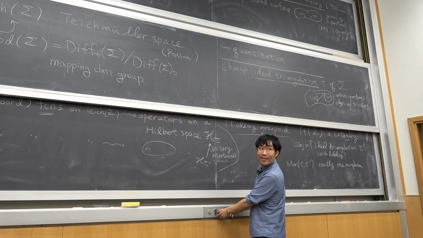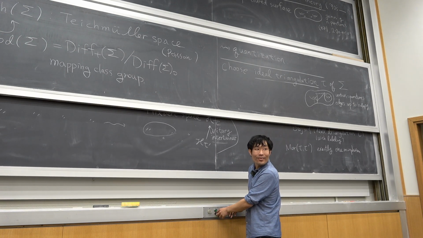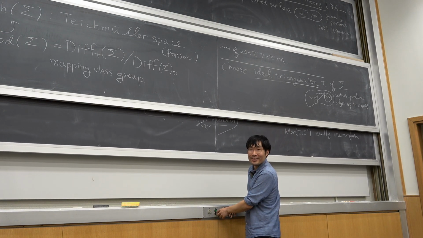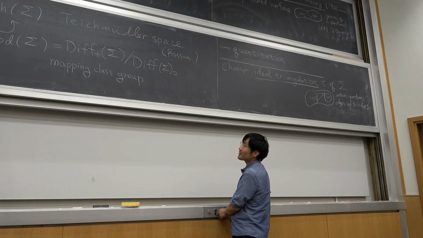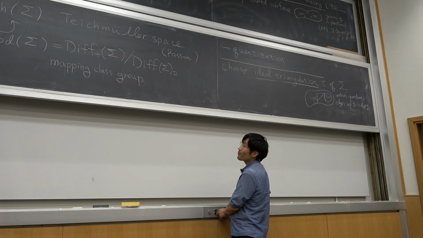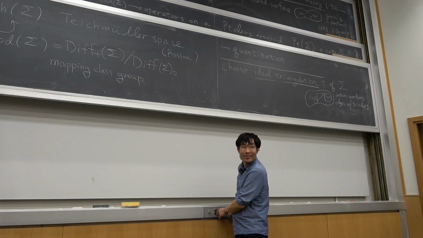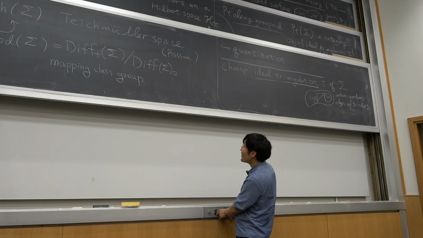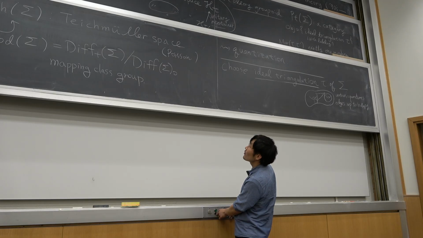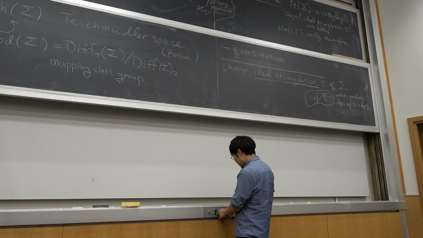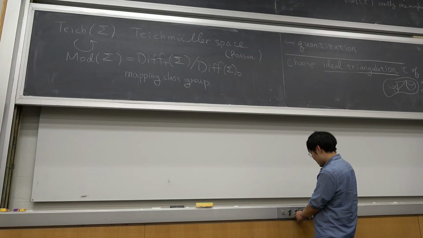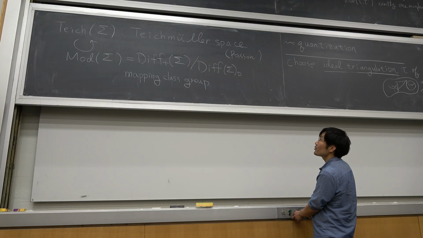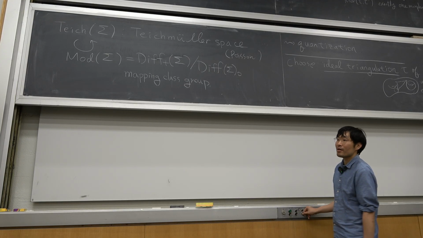Why is it called a Ptolemy groupoid? Yeah, for that, if I had given you all the formulas, then you might have agreed. I think one way to say this is that the word was used by Penner for the first time.